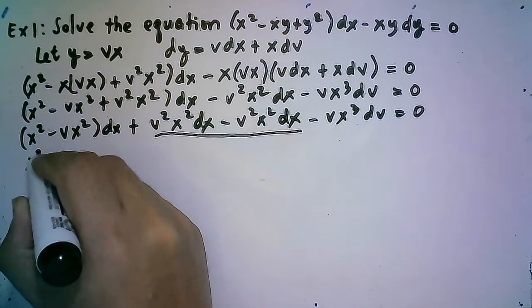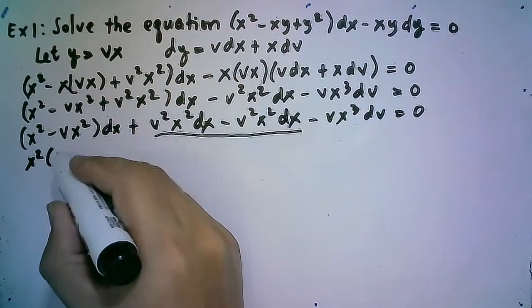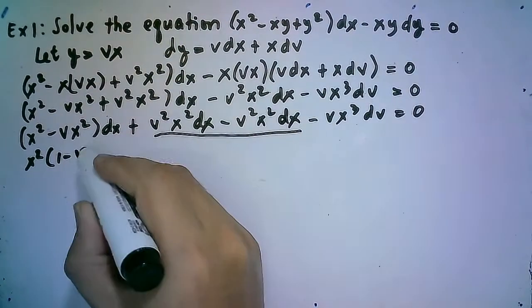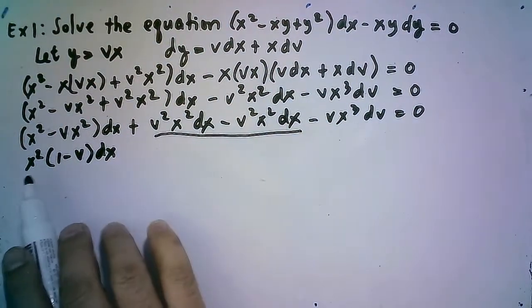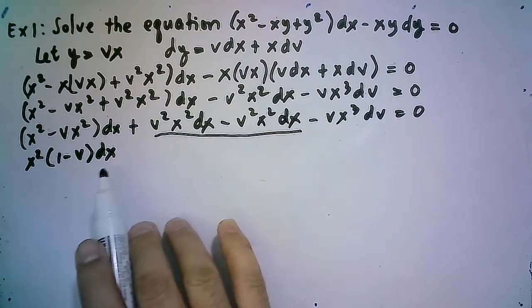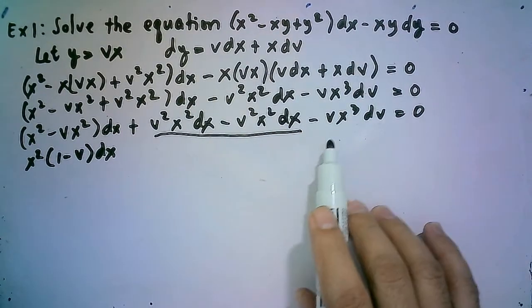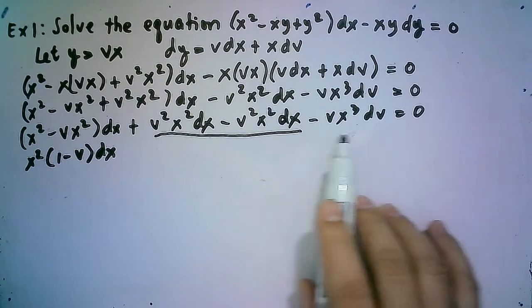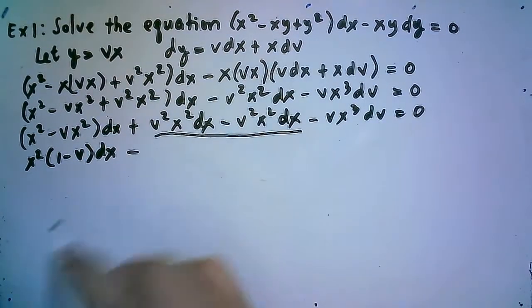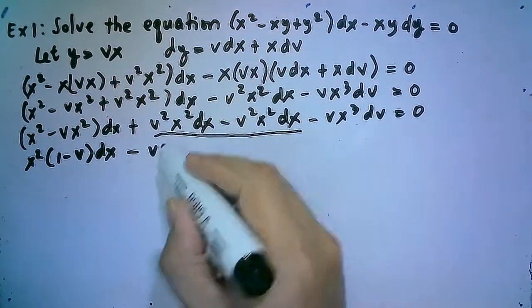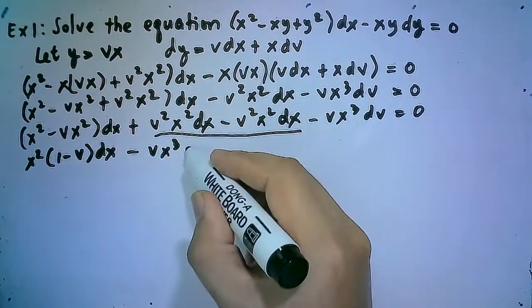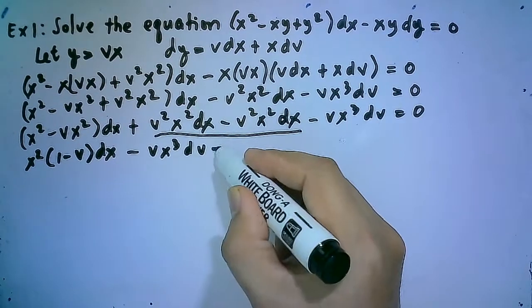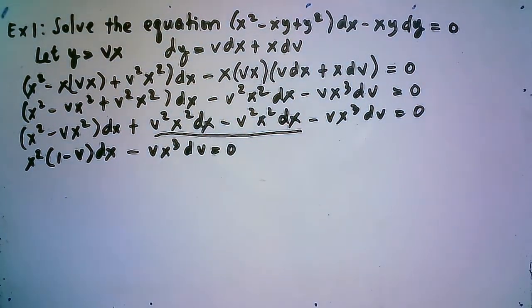So x squared times 1 minus v, we have dx. And then minus this one, you have here minus v x cubed dv is equivalent to 0.